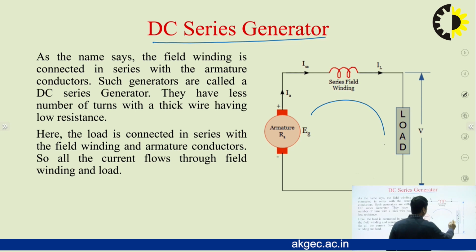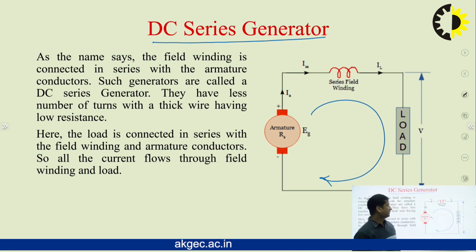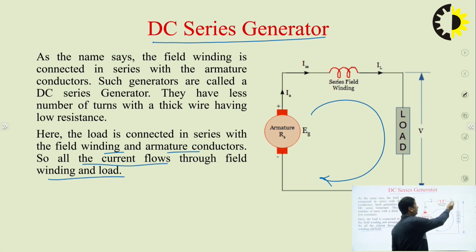So only one current flows in this circuit. The armature current flows through the series field winding and the load.